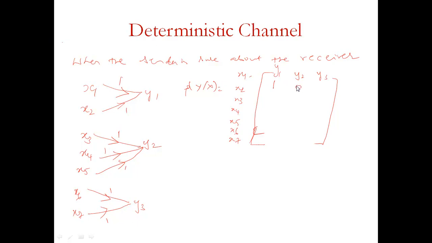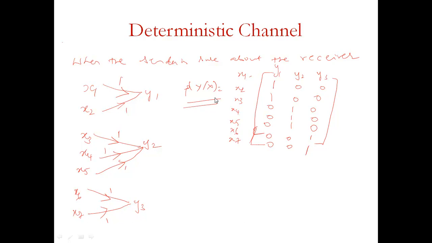It is not giving to y2 or y3. x2 also gives to y1, not to y2 or y3. x3, x4, x5 give only to y2. x3 is not giving to y1, giving to y2, not to y3. x4 also is not giving to y1, giving to y2, not to y3. x5 also gives only to y2. x6 and x7 give only to y3. So this is the channel representation P of y given x for the deterministic channel.